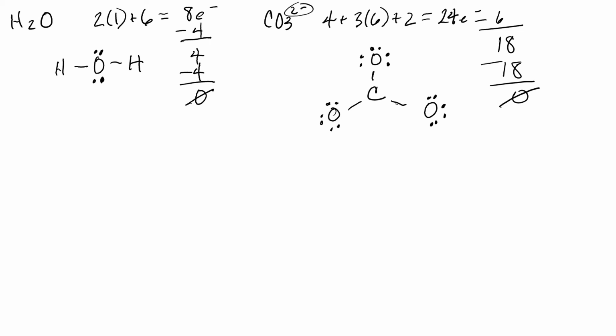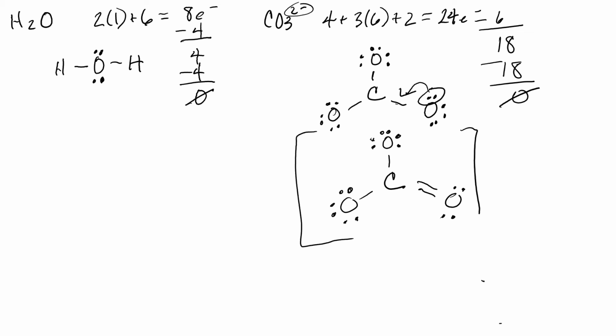So one of these oxygens is going to share a pair of electrons with carbon. So the Lewis structure for carbonate is this, with brackets.